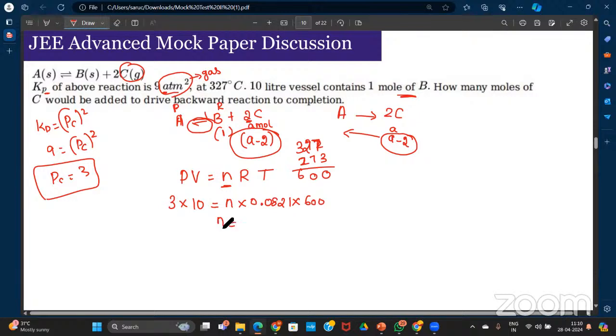Okay, can you solve and find out the n value? Can you give me the n value? So what would be the n value? 1.6.